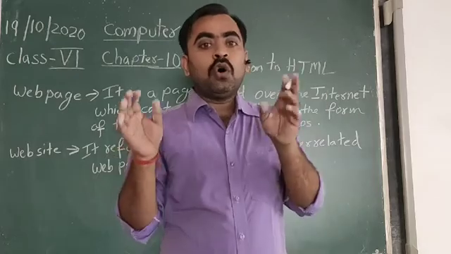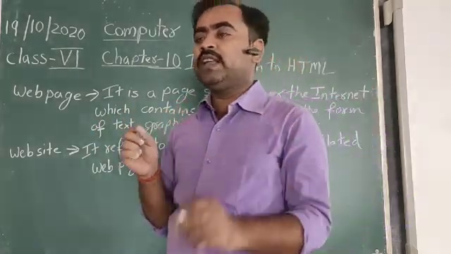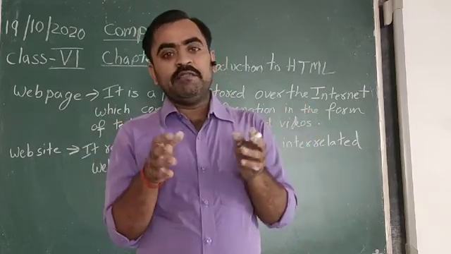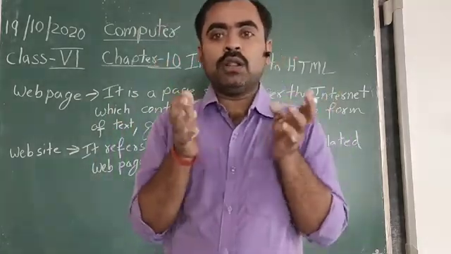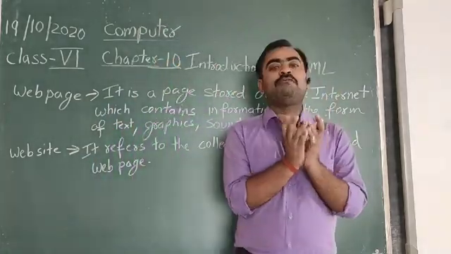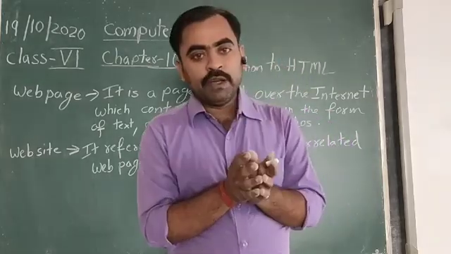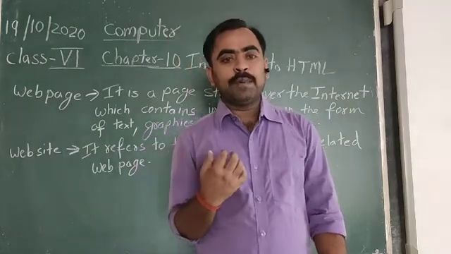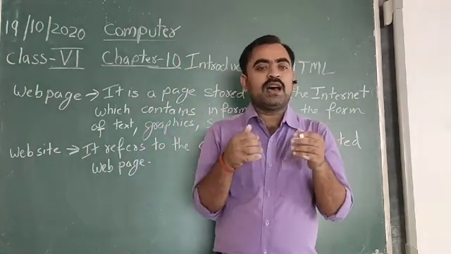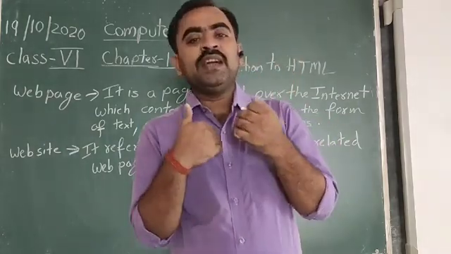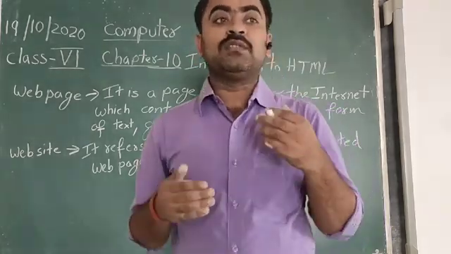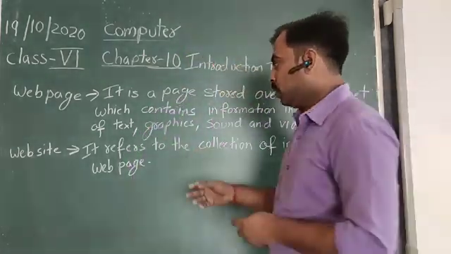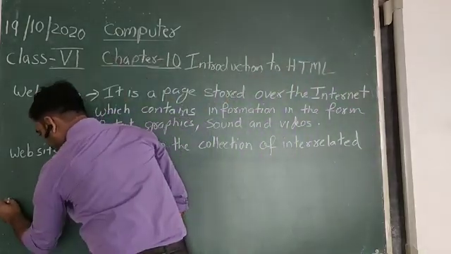All these individually are known as web pages, but collectively all the web pages come together and form a website. Websites are generally the collection of interrelated web pages, the web pages which are related to each other. Okay, now another term is home page.